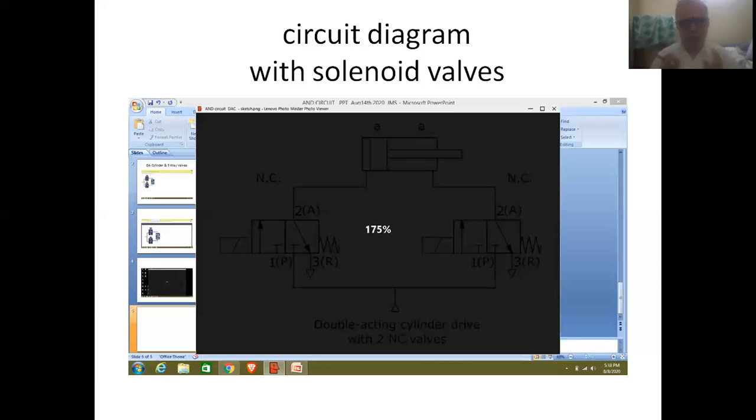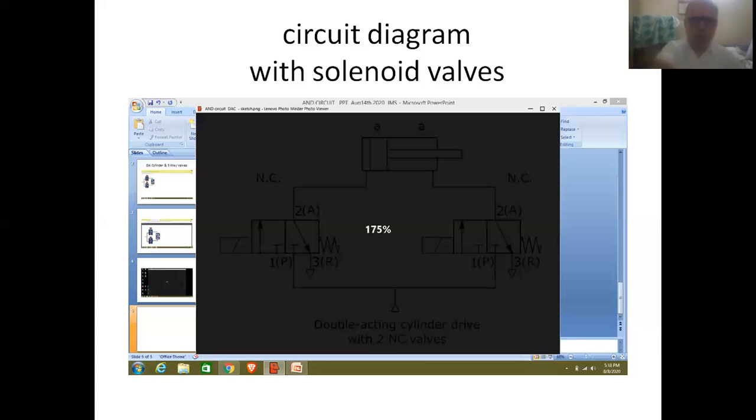So this is the general arrangement of a double acting cylinder. Fluid will be acting on both the sides of the piston, therefore it is called a double acting cylinder.